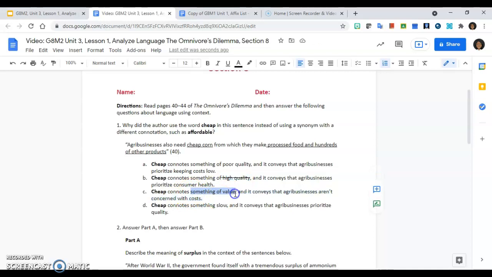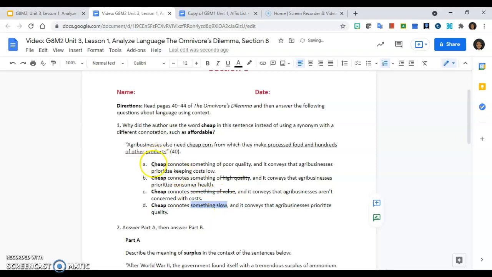If it's a negative connotation, it has to match. D says cheap connotes something slow, and it conveys that the agribusinesses prioritize quality. So cheap does not mean slow, right? So we know that that is not our answer. We're not even going to move forward with that one.